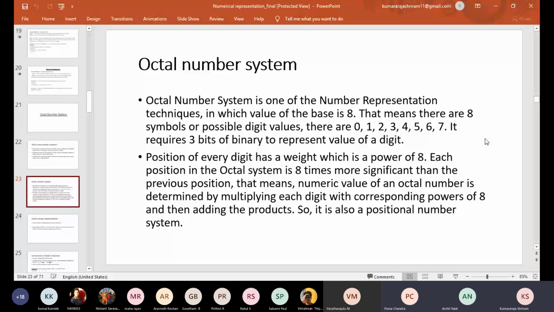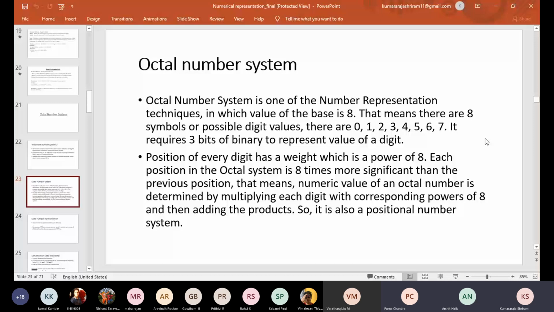The octal number system is one of the number representation techniques in which the value of the base is 8. That means there are 8 symbols or possible digit values, starting from 0 to 7. It requires 3 bits of binary to represent the value of a digit in octal. The position of every digit has a weight which is a power of 8.